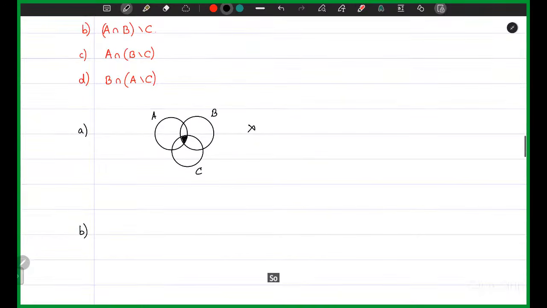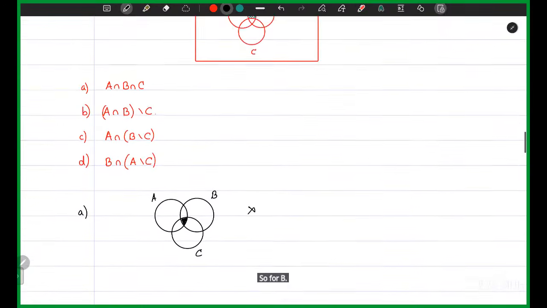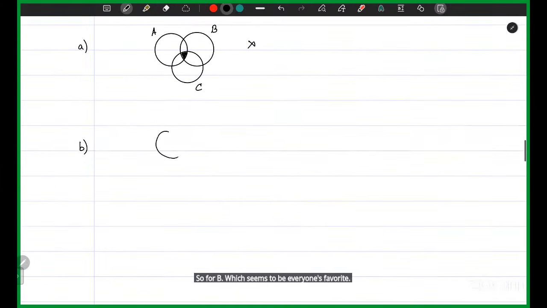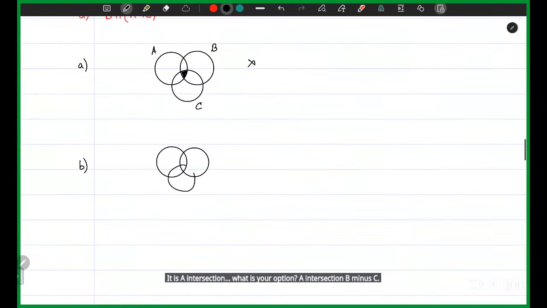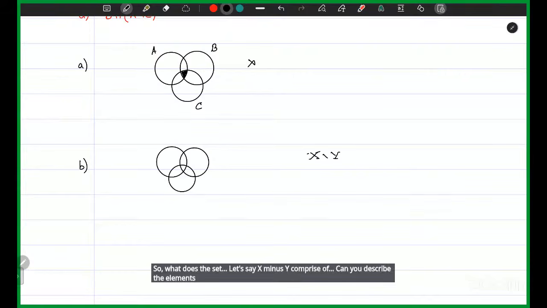So for B, which seems to be everyone's favorite, it is A intersection B minus C. So what does the set, let's say, X minus Y comprise of? Can one of you describe the elements in the set X minus Y?